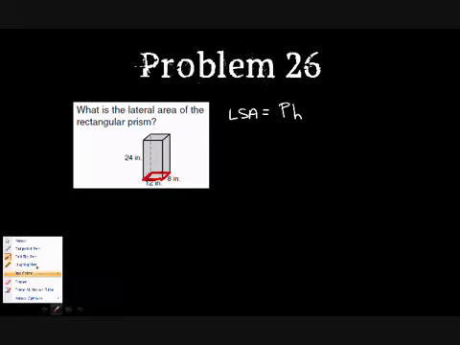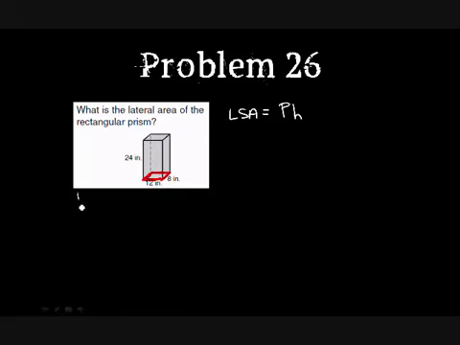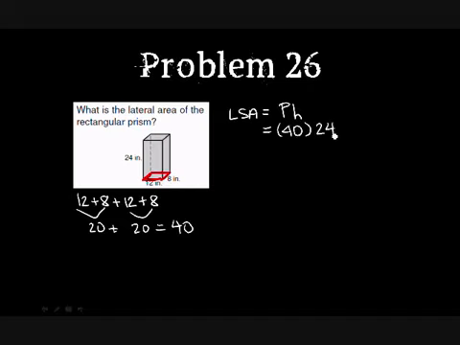So if we actually do that out, that's 20, that's 20, and so our whole perimeter is 40. So we plug 40 into that P. The H they give us, it's that 24 there. And so we just need to multiply 40 times 24, and we get 960, and that is all we have to do.